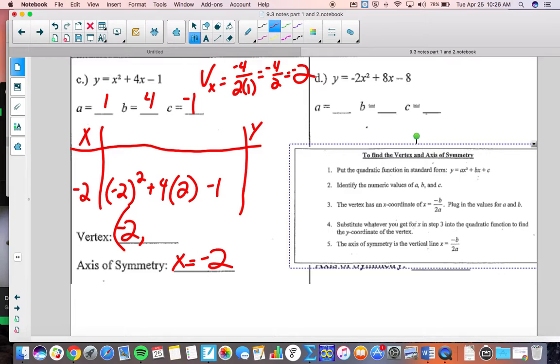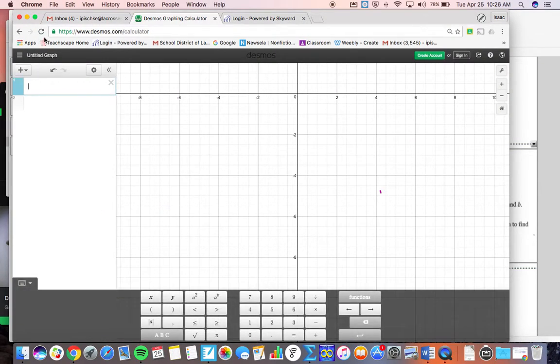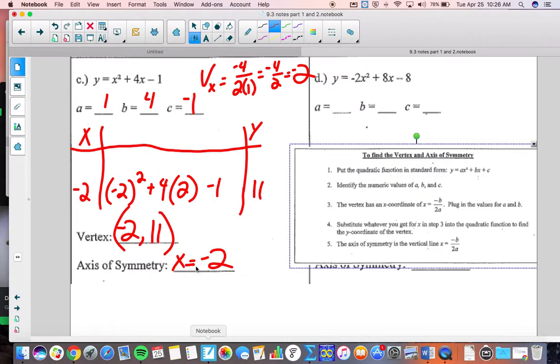I did that in my head, so I could have screwed that up. It seems right. I'm pretty sure that's right. I'll go to Desmos and just make sure that's right. And if it's not right, I'll recalculate it. So that was y equals x squared plus 4x, minus 1.